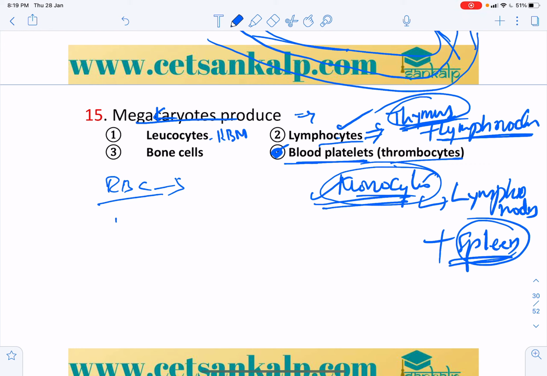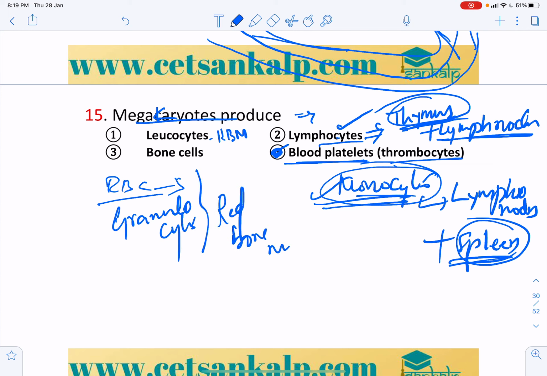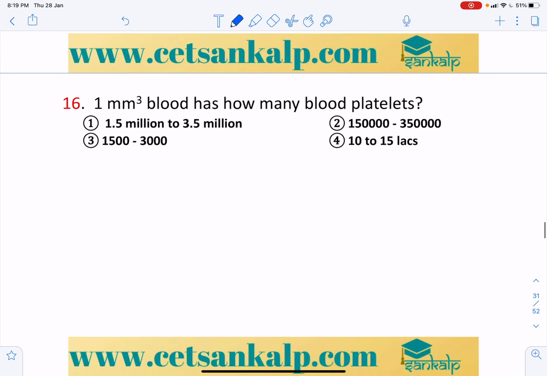RBCs and all other granulocytes are produced in the red bone marrow. So these are the things you have to keep in mind.